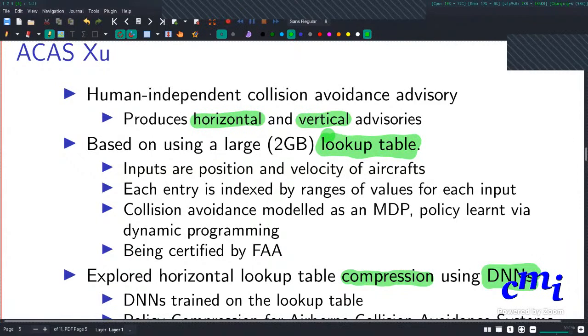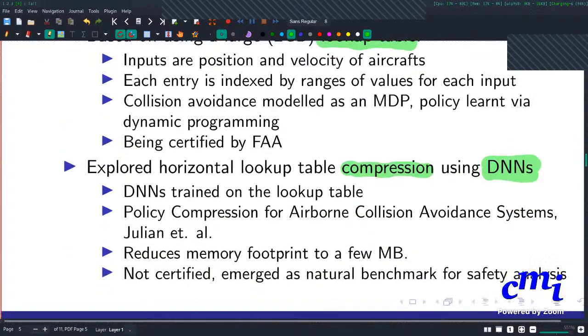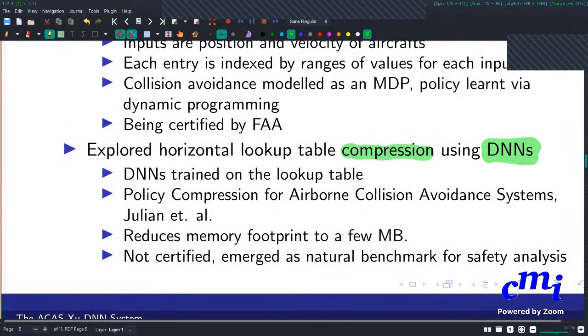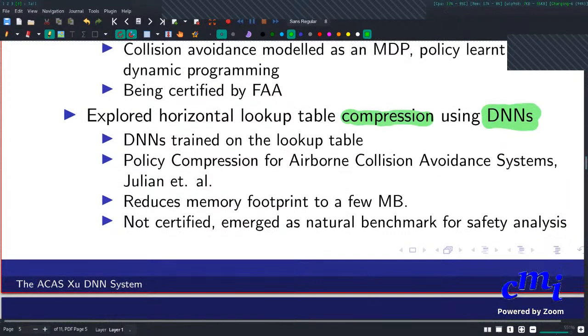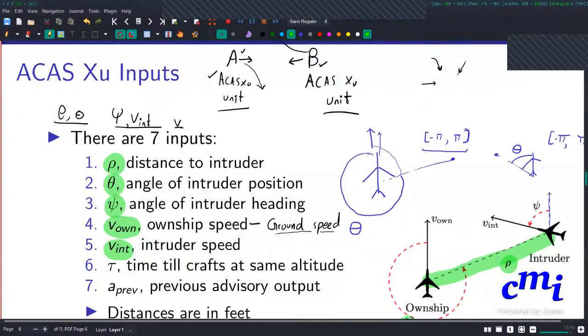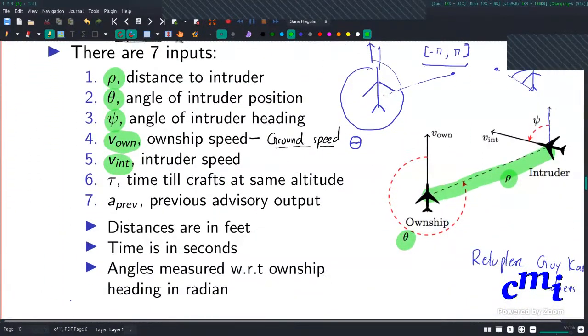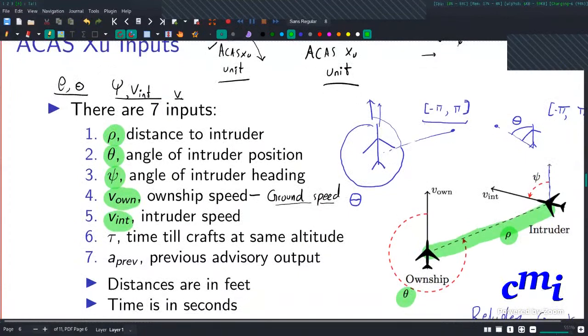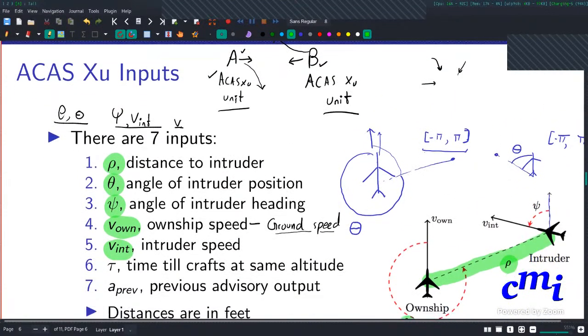The vertical lookup table almost emulates the TCAS system itself. The horizontal lookup table is what is newer and more interesting. And all of this analysis of the DNN compression, and the safety verification of the DNN, usually looks at the horizontal component itself, which basically means that the system is only going to tell you to turn, not climb and descend. Okay.